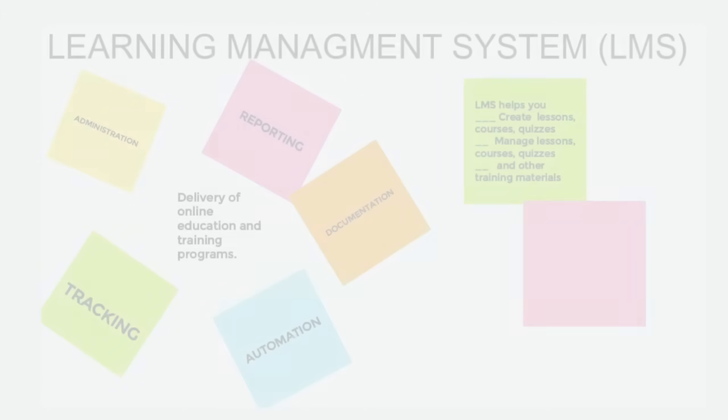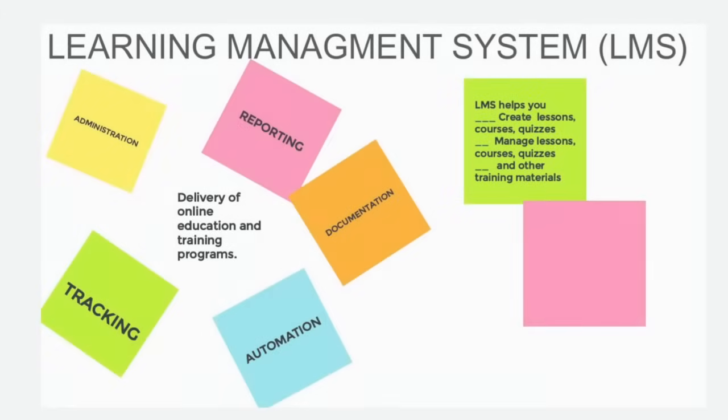Now, let us have a quick overview of the learning management system. What is a learning management system? It is simply a software application that enables you to deliver and facilitate your course online. It helps you to create and manage your course and other learning materials. It enables course automation, administration, tracking, and documentation.